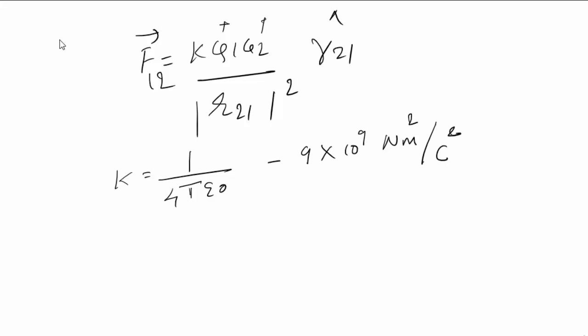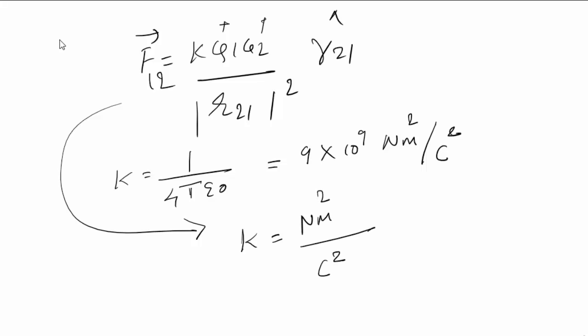So how you find the unit of k is that k is equal to force, so the unit of force is Newton, times meter square, which comes from the distance, and divided by Coulomb square, which is the unit of the charge squared.